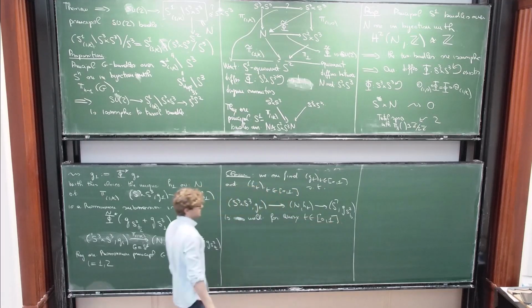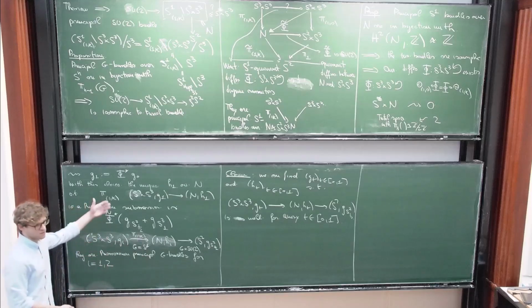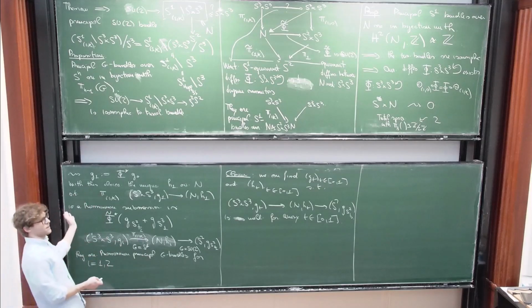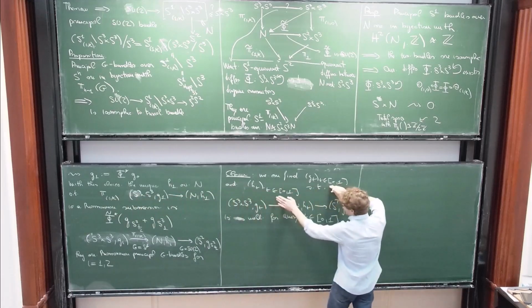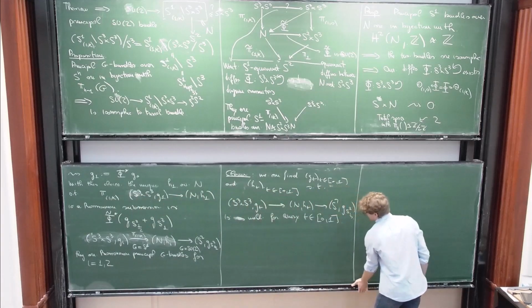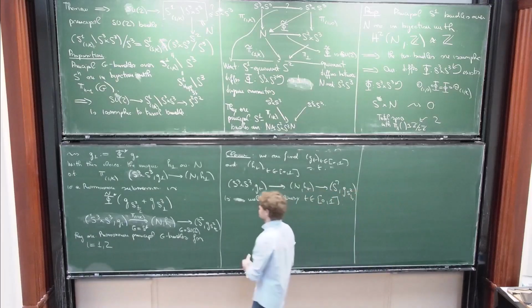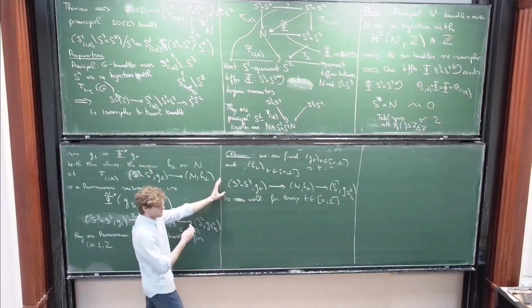It might seem that I'm making the problem more difficult. I wanted to find the family G of t, and now I want to find two families of metrics G of t and H of t. Why is it useful? The reason is that the construction works backwards.